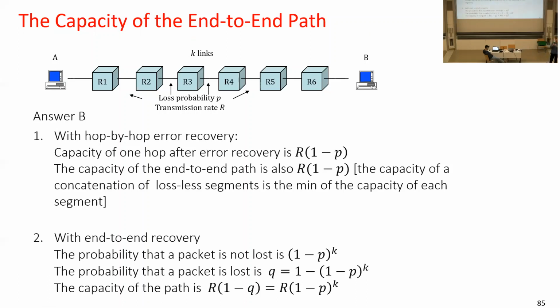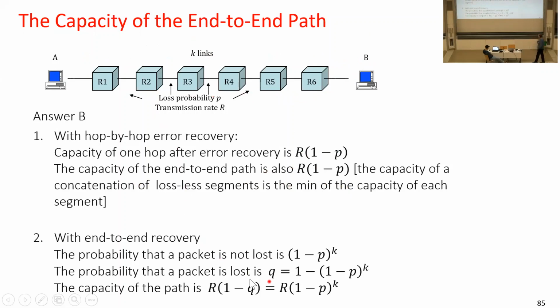It's an informal proof I'm giving, but every link has a certain capacity, 990 megabit per second. Then if I daisy chain them, the total capacity is the minimum of the capacities. It's a piping argument, if you want. The capacity of a concatenation is the minimum of the capacity of each segment. So we will have this answer.